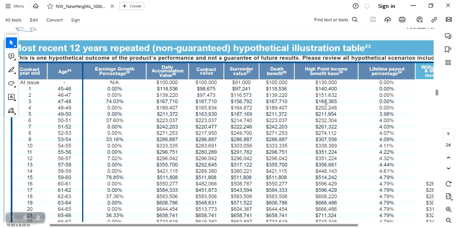And so all these numbers go hand in hand pretty much, except the surrender value because there is a surrender charge. So if I look at daily accumulation value on year 3, it is 167,710, all the way. Yep.